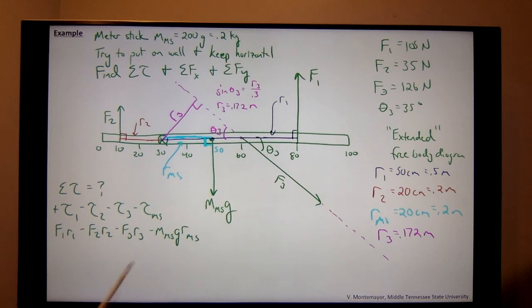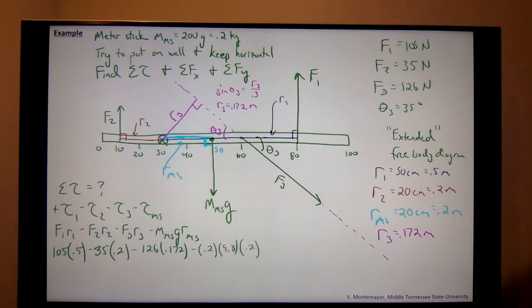And now we have everything we need to go back to this equation and see what it gives us. So let's see, we've got 105 times R1, which was 0.5, minus 35 times R2, which is 0.2, minus 126, which is 0.172, minus 0.2 times 9.8 times 0.2.